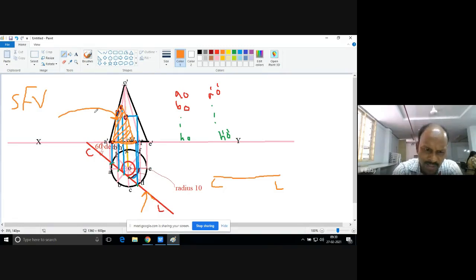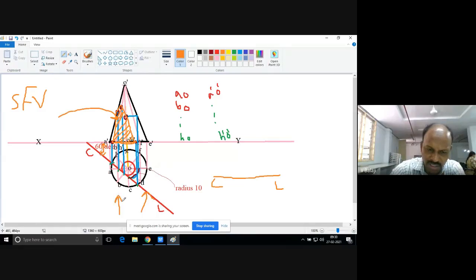Understood? Yes, sir. But here, this cutting line is not parallel to XY. It is not parallel to XY, but it is inclined to XY at 60 degrees. That's why we need to draw the true shape separately. Okay, that means if you remove this portion, suppose a person is standing here, right.